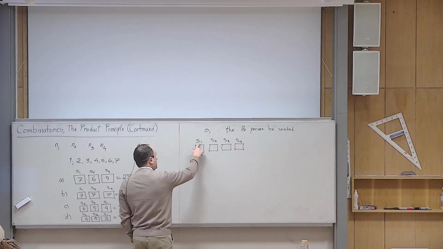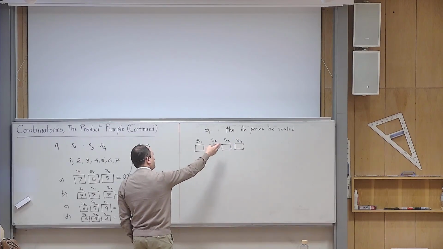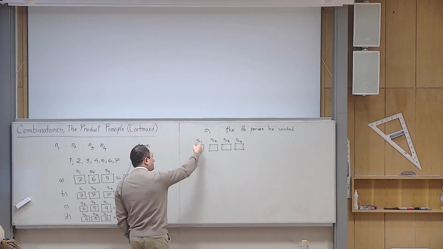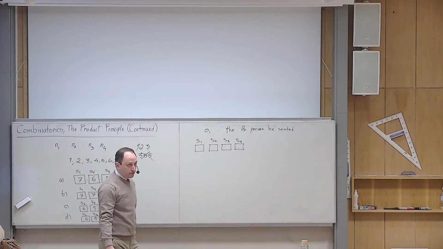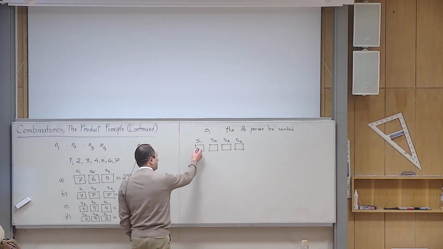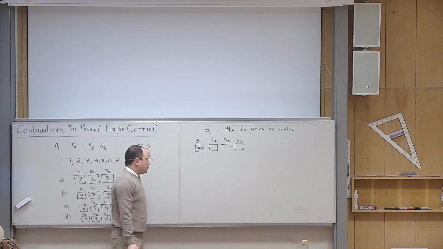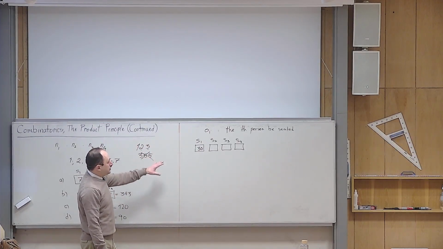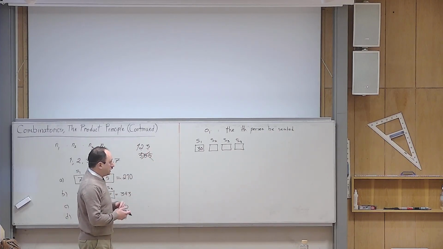Stage 1 is I want to have the first person be seated. How many options do I have to give to the first person to take a seat, yes? How many options? 30, because there are 30 chairs. Yes? But now I tell you to assume that the first stage is done in one of the ways.